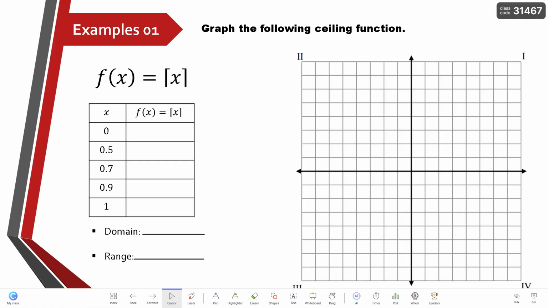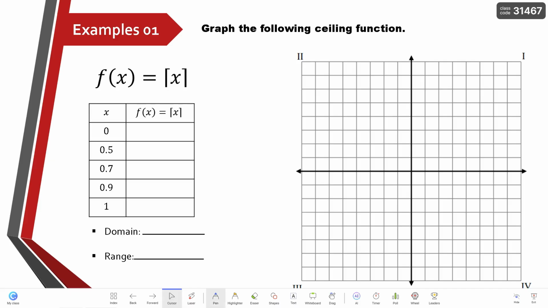I selected here some random values to be used inside the ceiling function that we have right now. And let's remember together what exactly the ceiling function does. The ceiling function is rounding up, or looking for the least integer that is higher than x or equal to x.